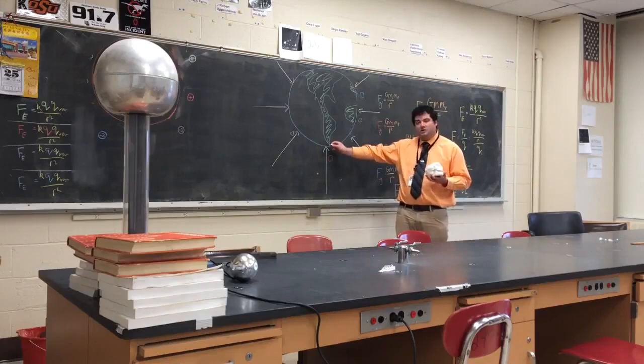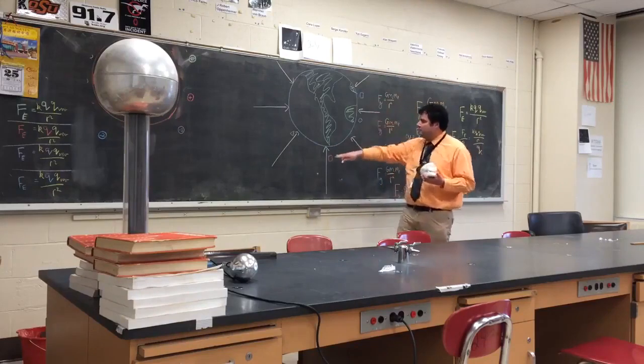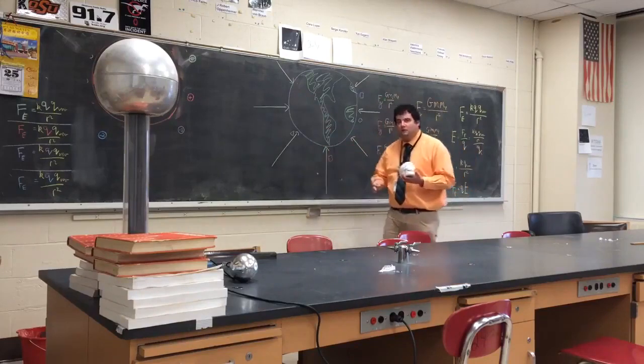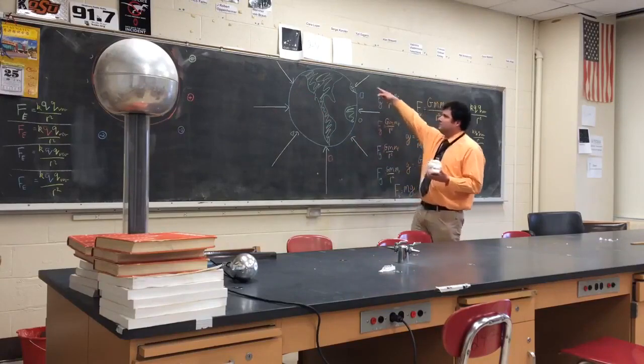We know it's stronger when you're close. We know it's weaker when you're farther away. And if you look at these lines, which are in the direction the force of gravity would be at every location, you can see that they're spreading out, just like gravity spreads out.